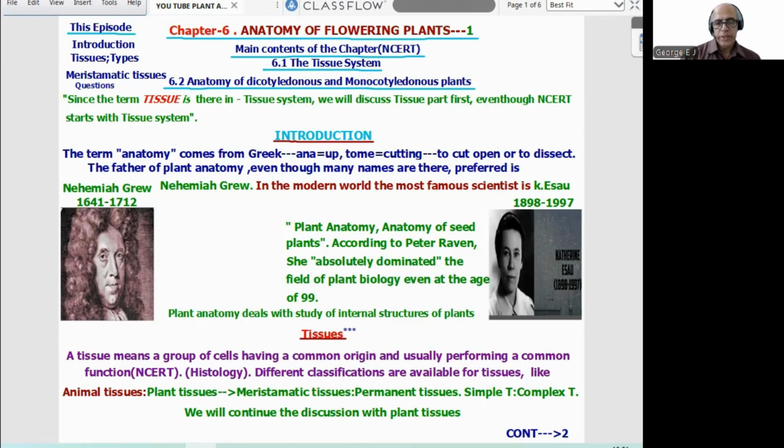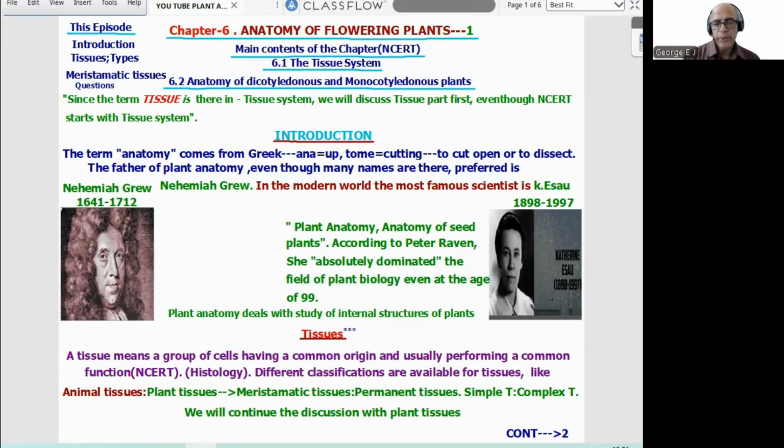She wrote some famous books in anatomy, like Plant Anatomy and Anatomy of Seed Plants. According to Peter Raven, his comment was, she absolutely dominated the field of plant biology, even at the age of 99. That is regarding two famous scientists, Grew and Katherine Esau.